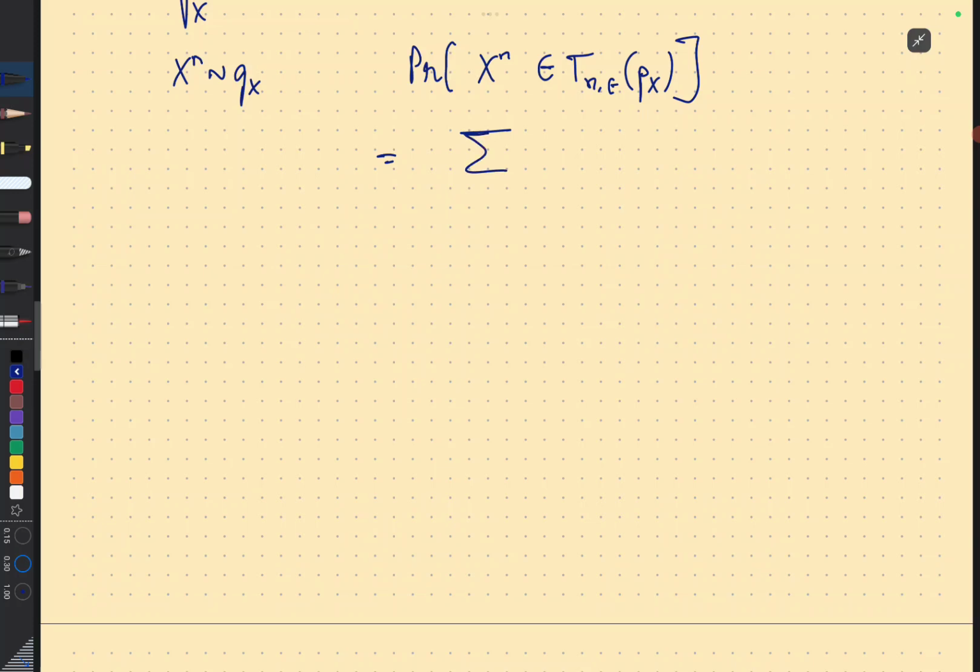So let's write this as a summation over all x^n in T_ε^n of the probability of occurrence of one of these sequences, right? But what is the actual probability of occurrence of one particular sequence x^n? It's Q_X^n of x^n, but this is just IID Q_X. All right. Okay. What do you think you could do next? Multiply and divide.